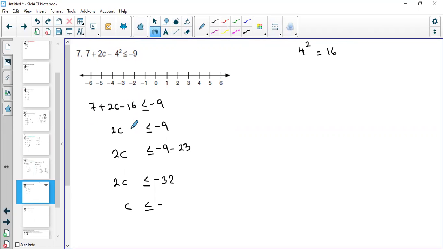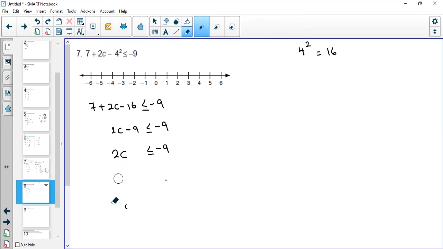So 7 minus 16 is going to give you -9, right? So it's going to be 2c minus 9 is less than or equal to -9. Now, take that thing out of your mind, that -4 squared. That's not for you. Hopefully, you will learn it next year. So, we remove all this.